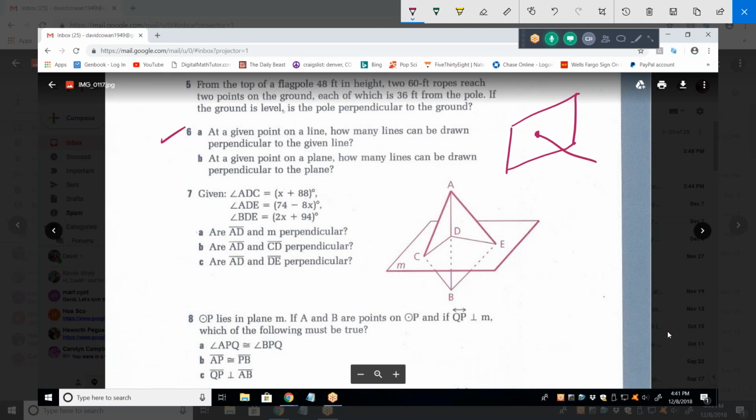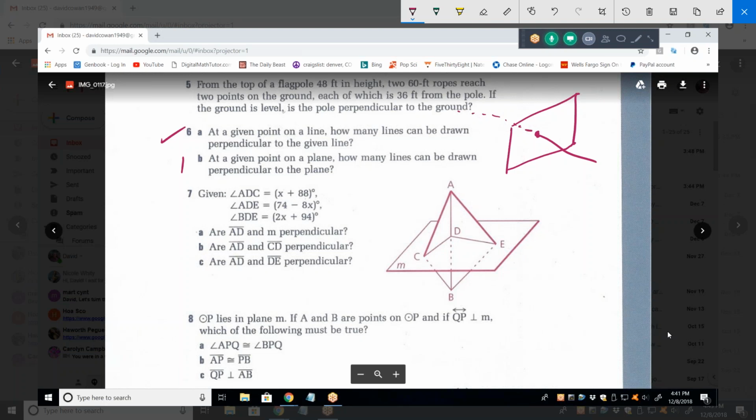One comes straight out of the page like that. Unless you want to talk about a different line on the other side of it. In other words, there's also that line there going straight out of the page. But those are the same line, I suppose. So it's just a line that intersects the plane. So I think the answer would be just 1.